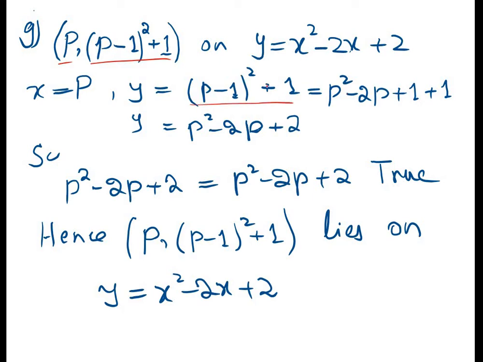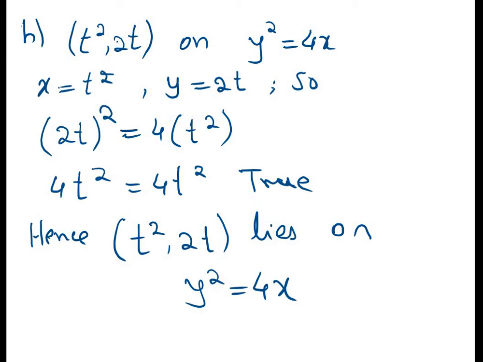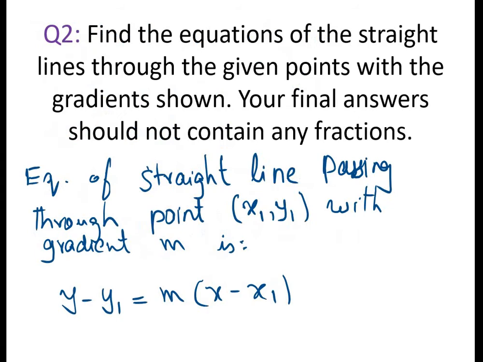So p squared minus 2 times p into 1 is minus 2p, and then plus the square of 1, and this plus 1 as it is. We simplify it in this form. Now substitute the values, and you can see that the left hand side is equal to the right hand side. And similarly, the last one is t squared and 2t. So for x and y, just substitute the values and see that this one lies on the curve.